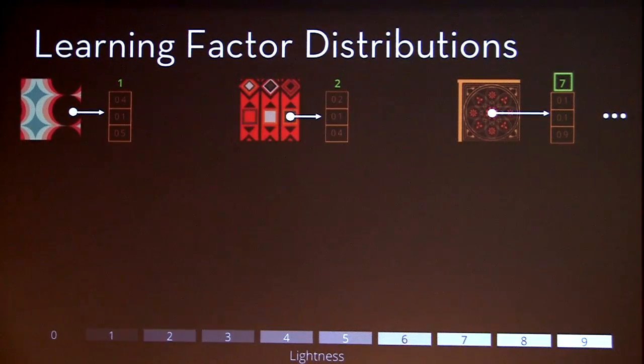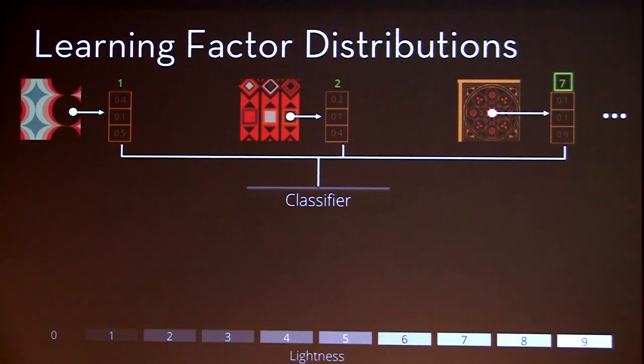So what I've done is gone through and taken each of these continuous values and turned them into labels. Essentially I've turned my training data into pairs of labels and feature vectors, which is exactly the kind of data you can use to train a simple classifier to predict, given a feature vector, what bin its lightness value should fall into. In our particular model, we used a multinomial logistic regression classifier.